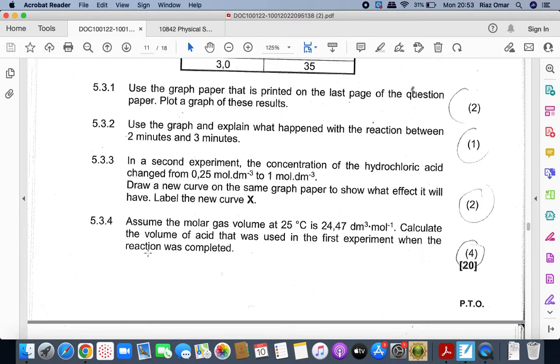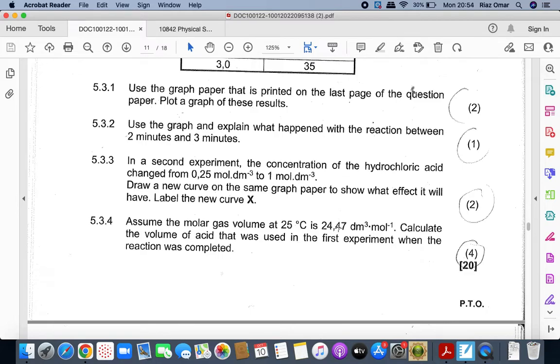Okay. So assume 5.3.4. Assume the molar gas volume at 25 degrees Celsius is 24,47 dm cube per mole. Calculate the volume of acid that was used in the first experiment when the reaction was completed. Okay, so now what we'll have to do is look at the equation.